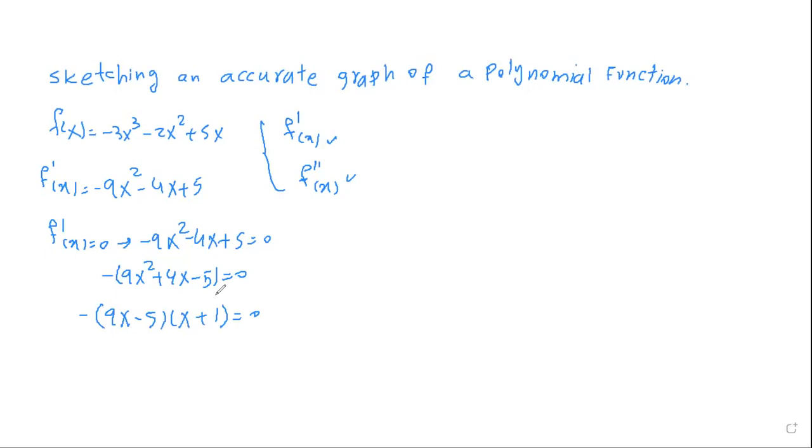Okay, now either 9x minus 5 equals 0, 9x is 5, x is 5 over 9. Or x plus 1 equals 0, x is negative 1.